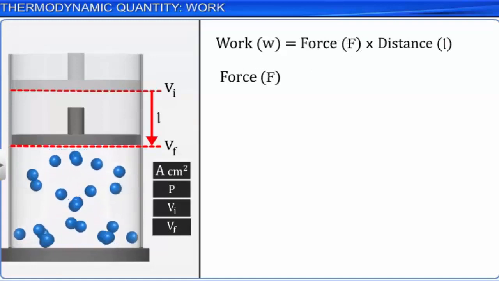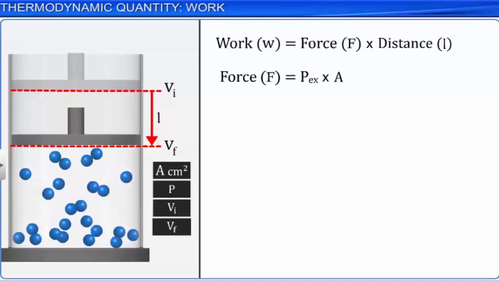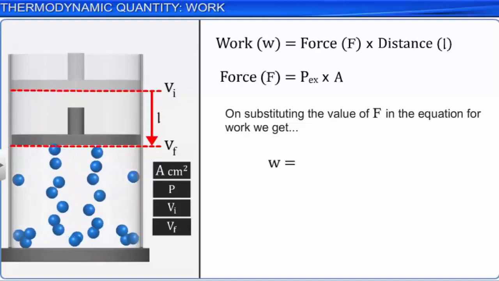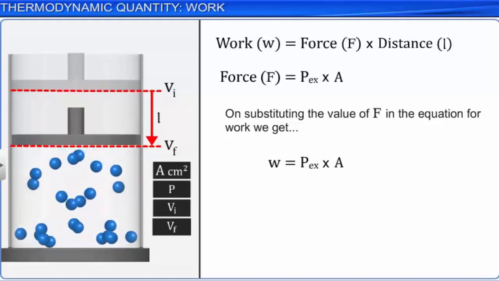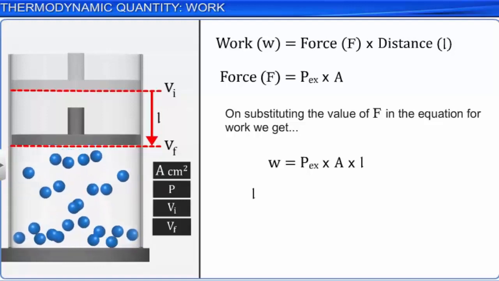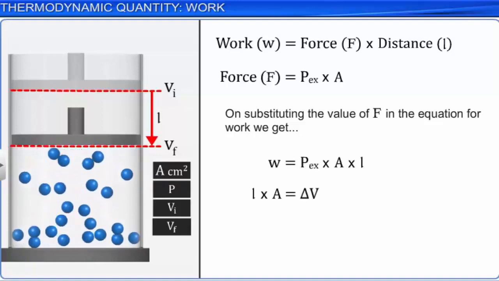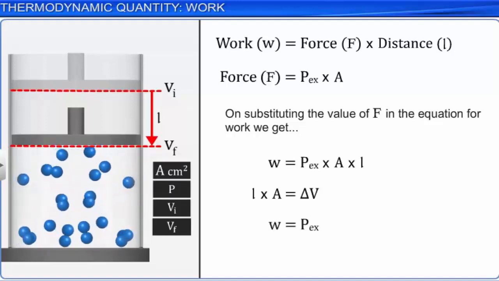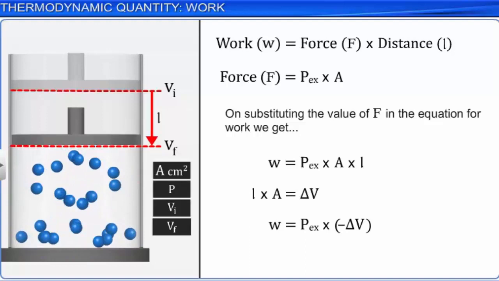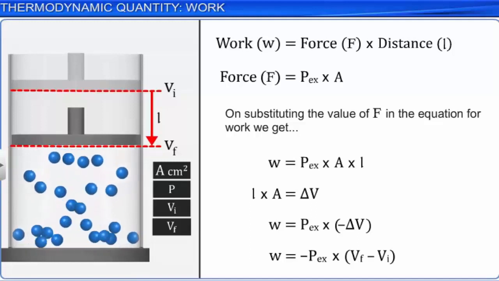But force equals external pressure PEX multiplied by area of cross-section A. Substituting the value of force in the equation for work, we get work is equal to external pressure PEX multiplied by area A multiplied by distance L. But distance L multiplied by area A gives change in volume delta V. On substituting, we get work equals external pressure PEX multiplied by minus change in volume delta V. That is, work is equal to minus external pressure PEX multiplied by final volume Vf minus initial volume Vi.